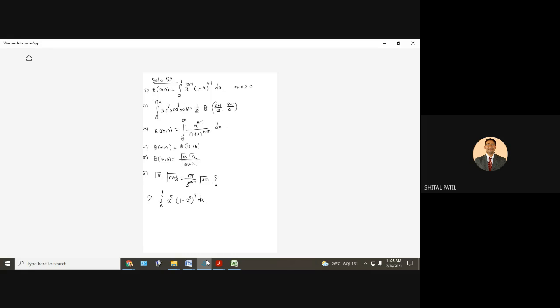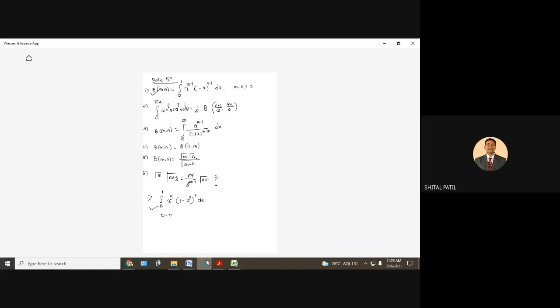Okay, so if we compare this function with the beta function, the first formula, x raised to m minus 1 into (1 minus x) raised to n minus 1, you will notice one change between the given formula and this function. So x raised to 5 was x raised to m minus 1, no problem. But see, the next term is 1 minus x in the beta function formula, but here we have 1 minus x cube.